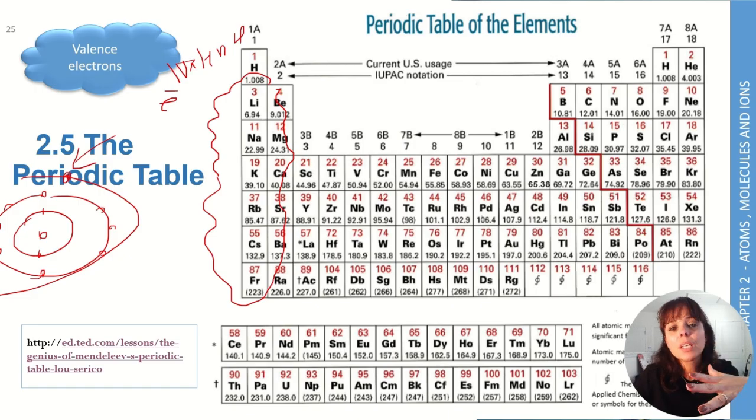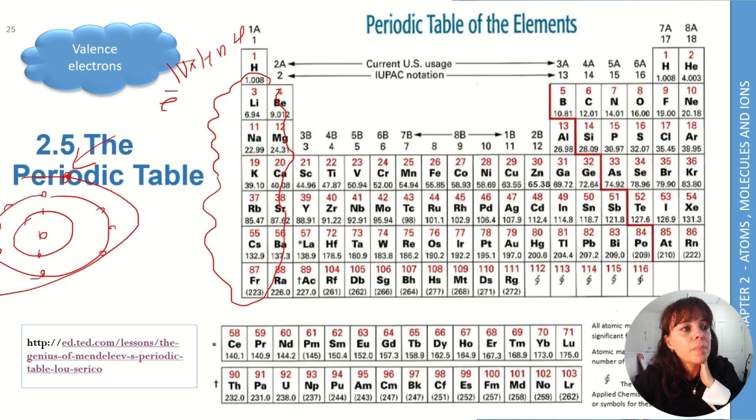These are the electrons that are used to bond, that the atom can give away, or can share.